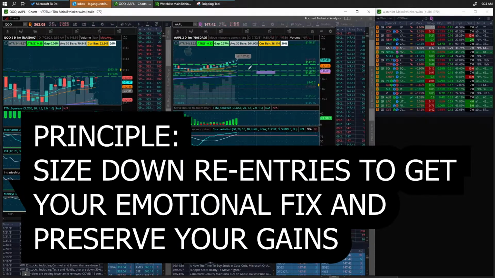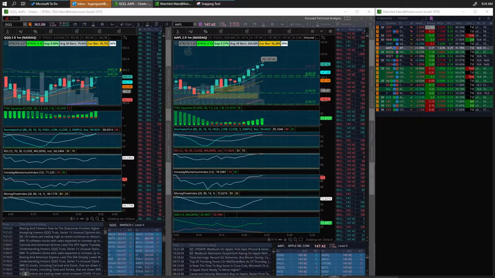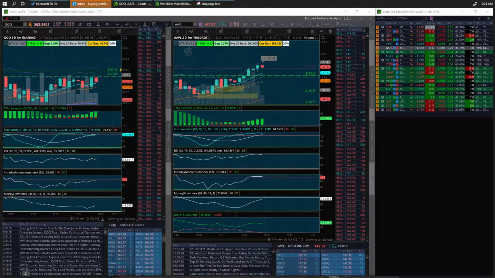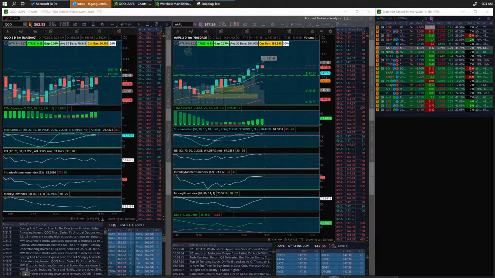So I'll trade maybe like a half or even a fourth of the original position size, just so I can get the edge of not missing out. It's an emotion we all deal with, and so I try to be very, very diligent about not getting in on the same position size that I was in on my original entry.